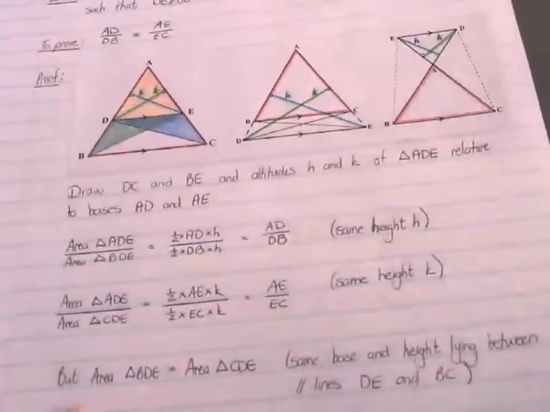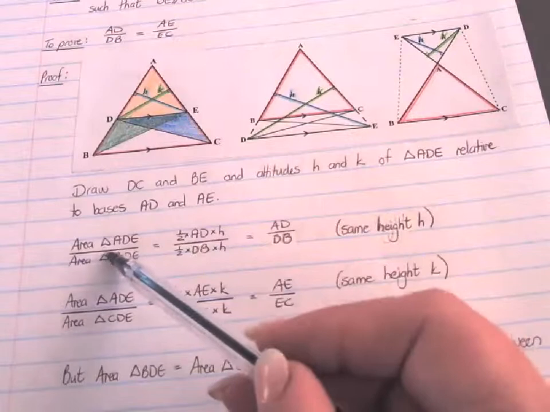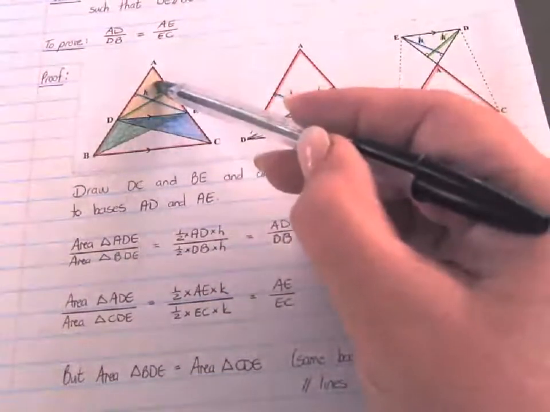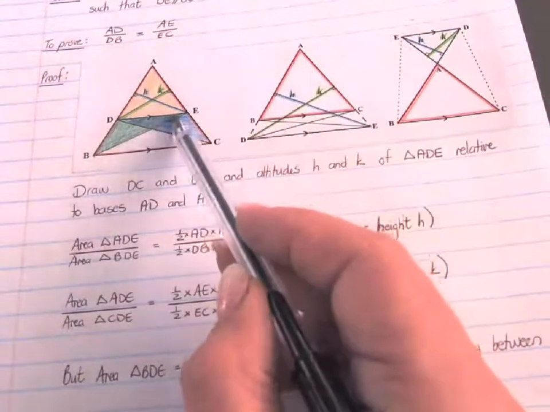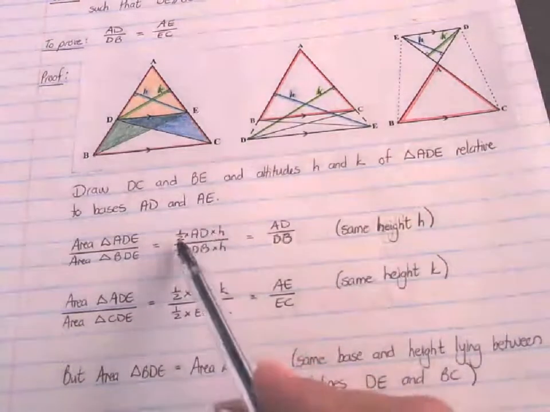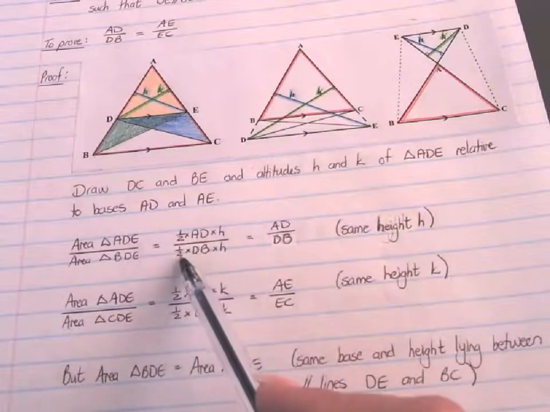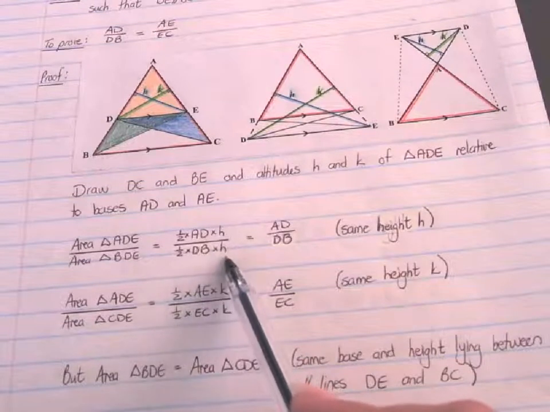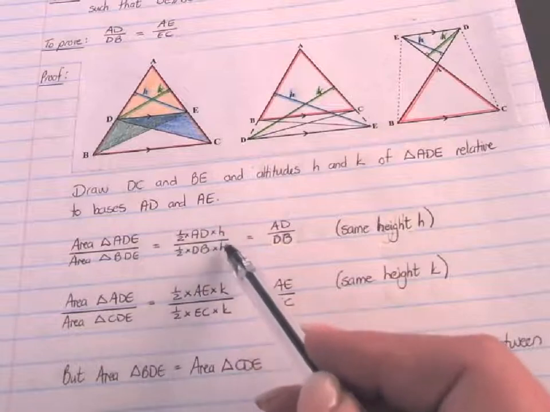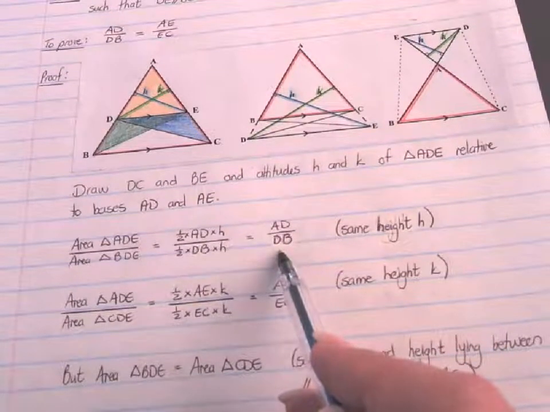How the proof works is, if you take the area of the orange triangle and you divide it with the area of the green triangle, you will get half times base times height. Half times base times height. And now the halves can cancel out, and the heights can cancel out, and we're left with AD over DB.